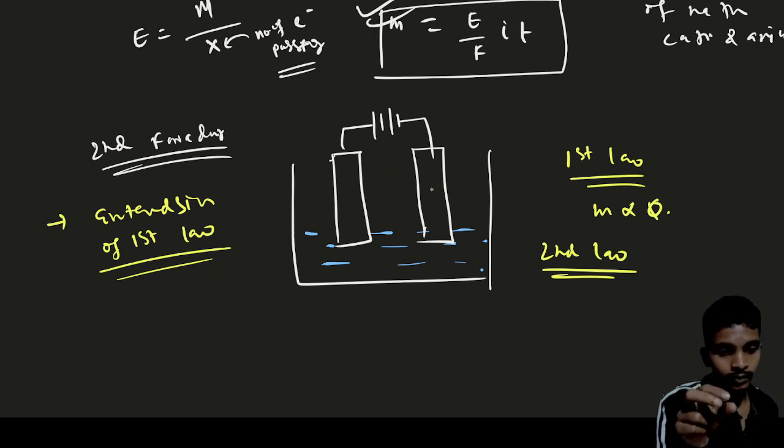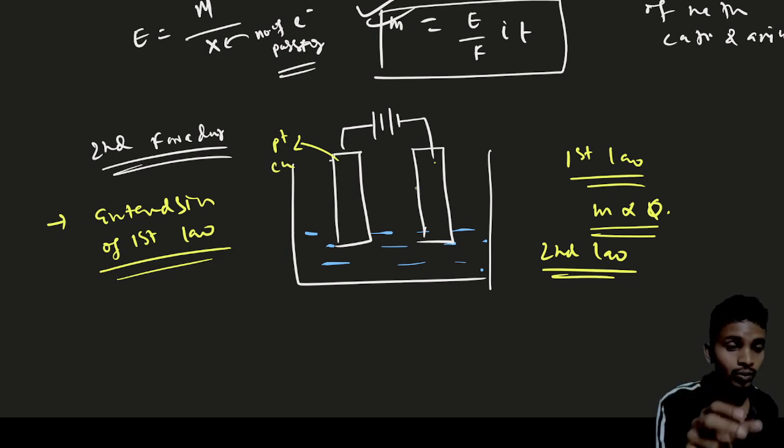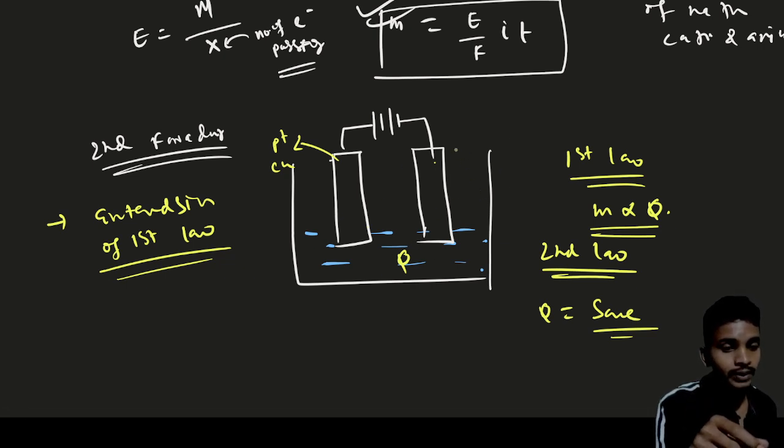Previously, for the first law, M is directly proportional to Q. Now it says that if Q is the same, the same amount of charge is passing through the solutions, through different electrolytes, maybe platinum, maybe copper, so the electrolyte is changing, then the amount of mass deposited on the electrode rod is directly proportional to the equivalent weight of the rod.